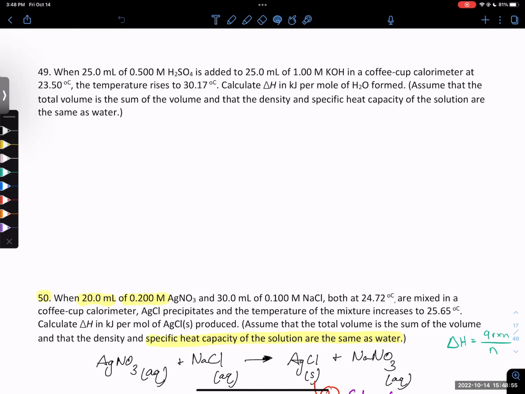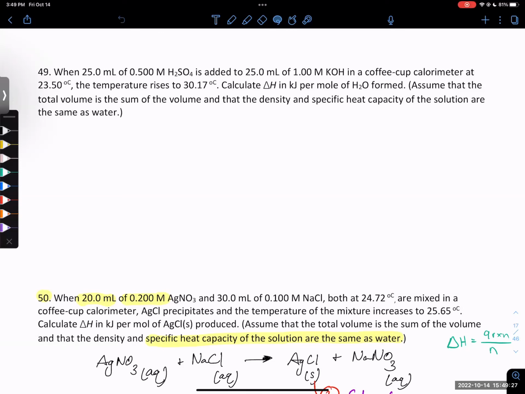So if you haven't finished, I'm sorry, but you can finish as I go through it. Okay, so let's just read it out. When 25 milliliters of a 0.5 molar sulfuric acid is added to 25 milliliters of 1 molar potassium hydroxide in a coffee cup calorimeter at 23.5 degrees Celsius, the temperature rises to 30.17 degrees Celsius.